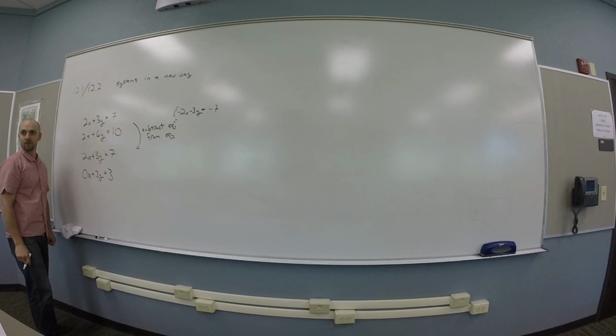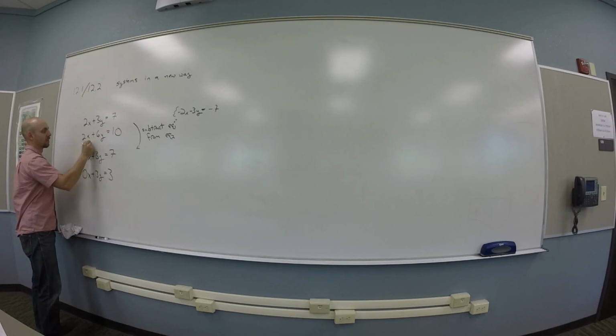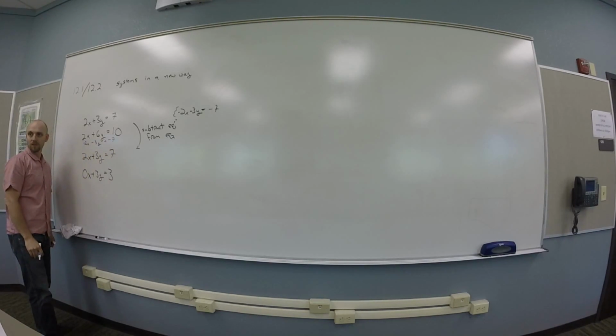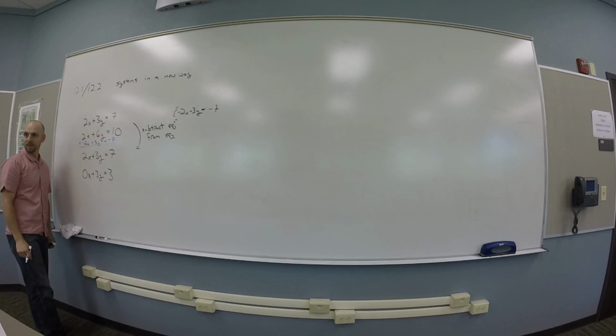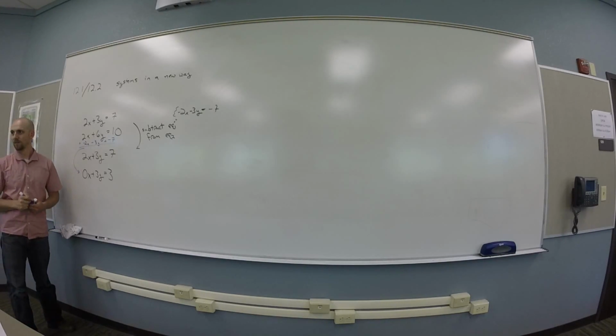You guys see that? Maybe if I wrote my minus equation 1 right here, and then I take this, add it, and put the result right here. You guys see that?